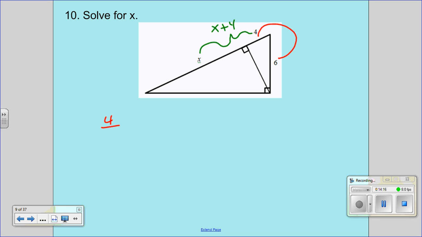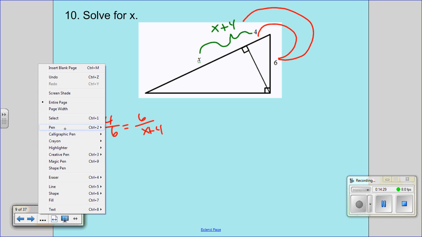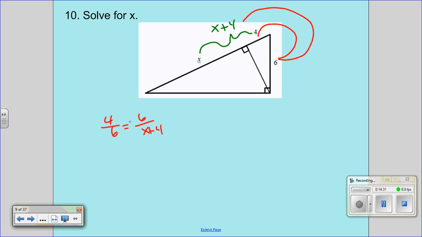So that's 1 ratio. Start at 6, come back around the corner to the whole. So 6 is to x plus 4. And now we cross multiply. So that's 4 times x plus 4, set equal to 6 times 6.